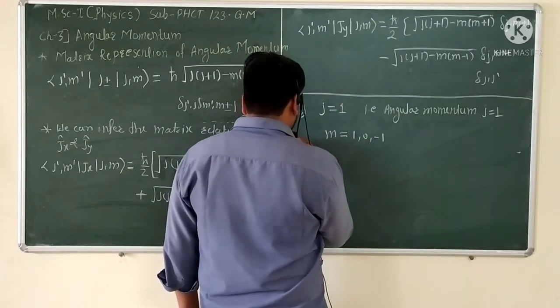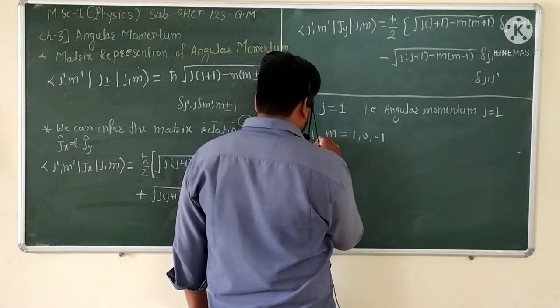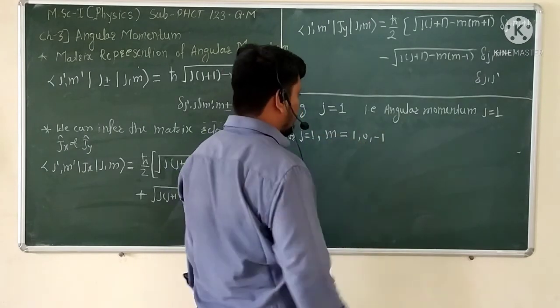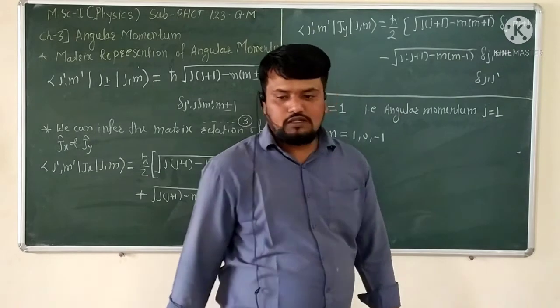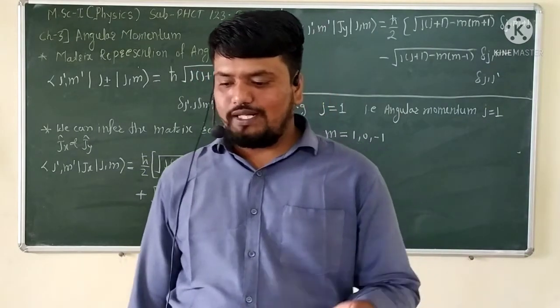Okay, so that is for j equal to 1, so the m value runs from 1, 0 and minus 1, and we want to calculate.